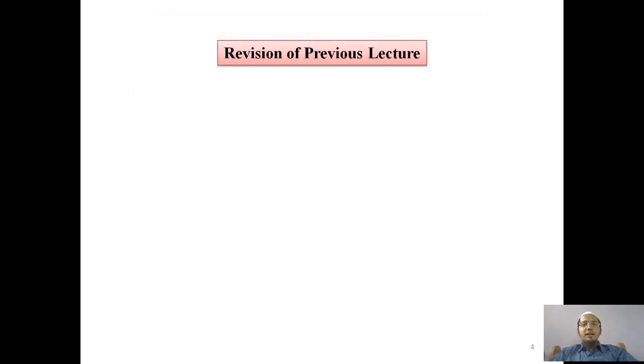So before starting our session, let's have a discussion on the points which we have already covered in the previous lecture. In the previous session, we were discussing types of welded joints. Now, can anybody answer how many types of welded joints there are?